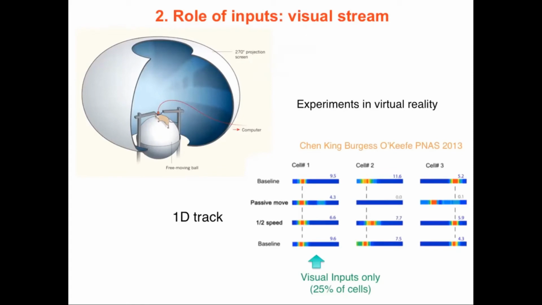So the coordinate is related to the motion of the animal, and other place fields are actually related to the position along the movie. So they are really anchored by the visual stimulus which is received by the animal. About 25% of place cells in this experiment seem to be driven by visual inputs only.